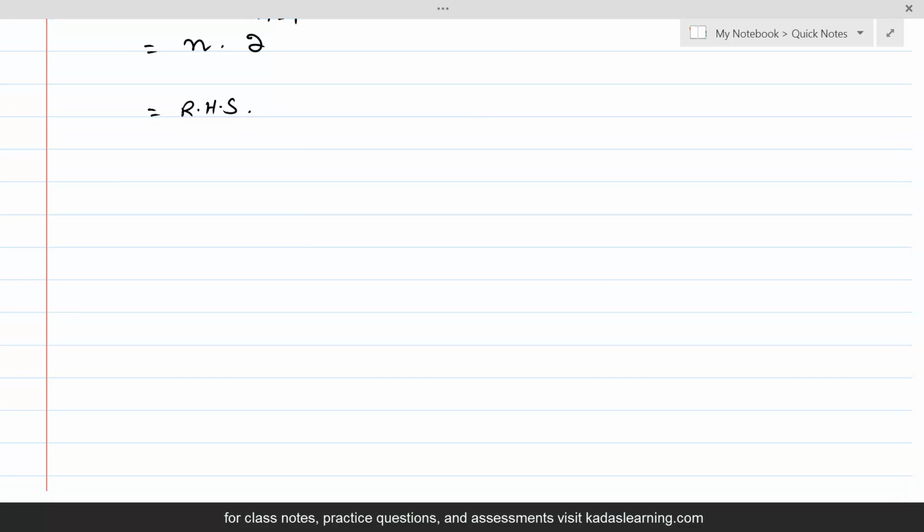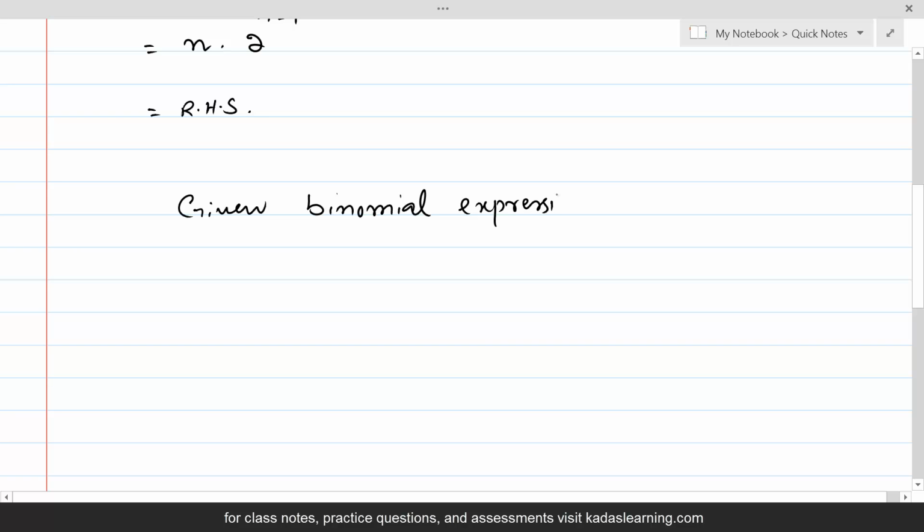So given the binomial expression (5 plus 3x) power 10, we will first take a look at how we are going to decide when the coefficient is of maximum magnitude.